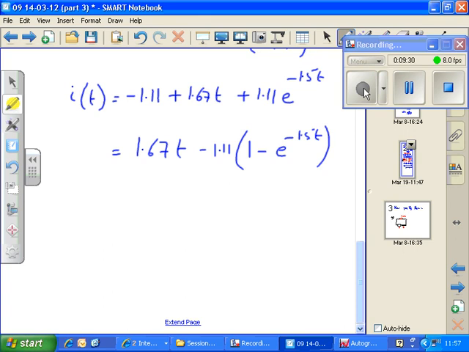So again, there's some sort of exponential growth term involved with this, to a limit, but we also have a factor of 1.67t in there. Putting this into Autograph, we can see what the thing is going to look like.